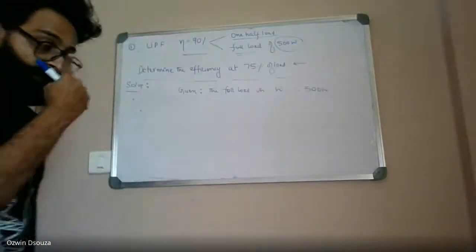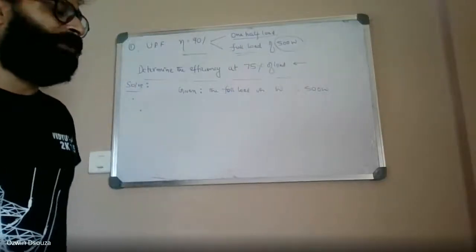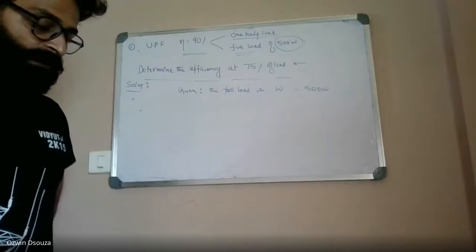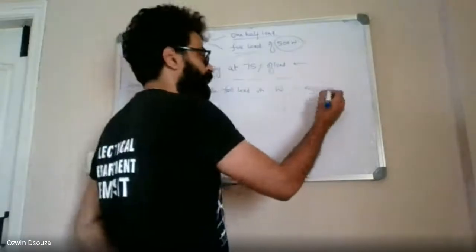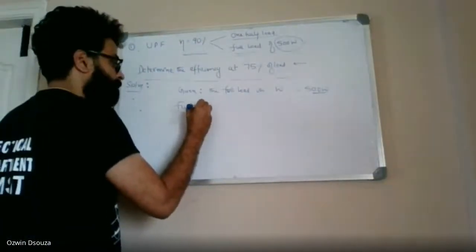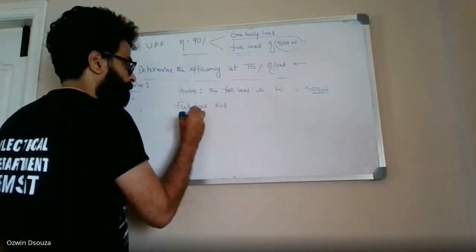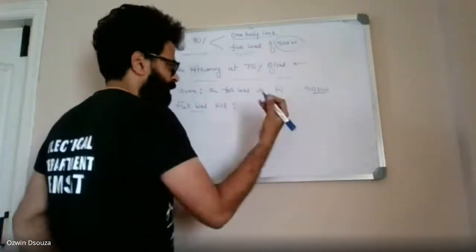But when we write the transformer efficiency relation, normally it's a standard practice to take the full load kVA. But instead of kVA, you have watts. So how will you find full load kVA?